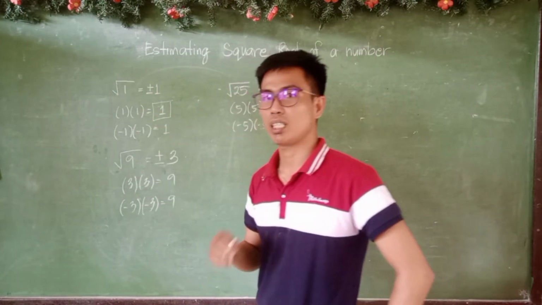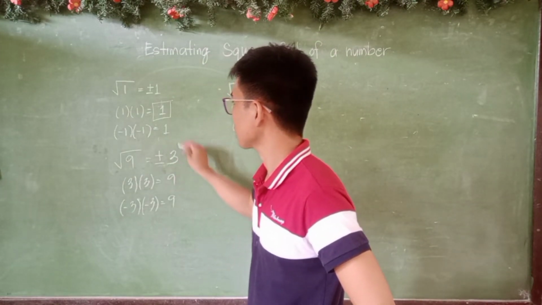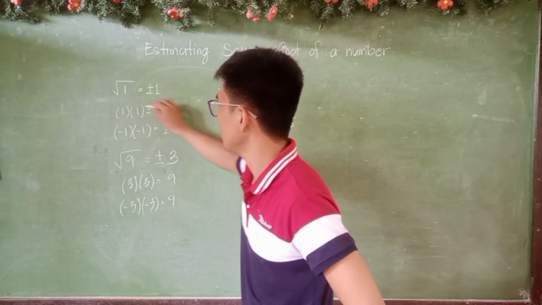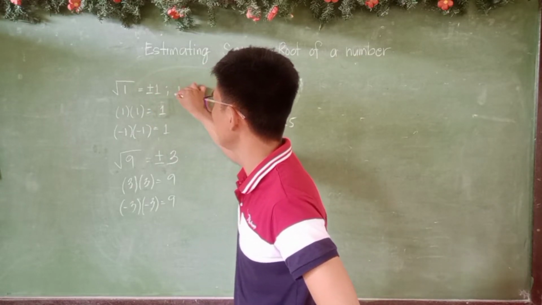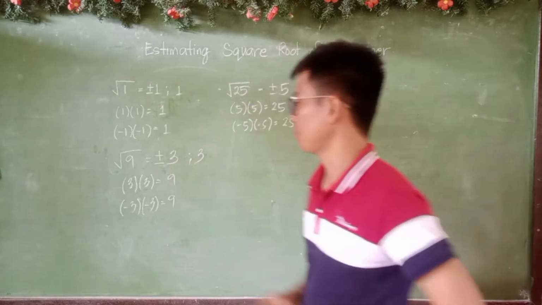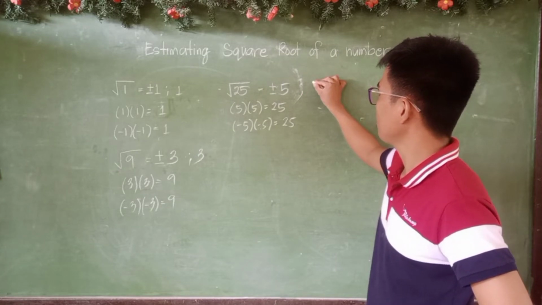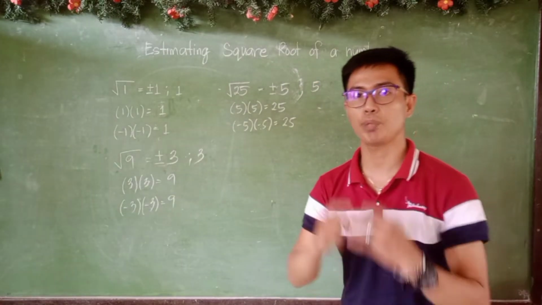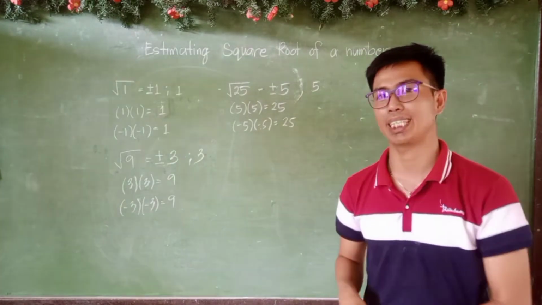Square root of 9, the principal root is positive 3. Square root of 25, the principal root is positive 5. Yun po yung mga principal root, yung mga positive lang na root na nakuha natin.